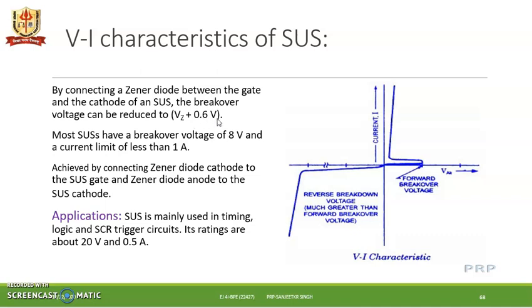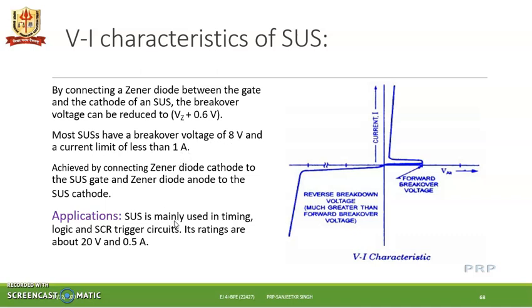It is connected with the Zener diode cathode to the SUS gate and the Zener diode anode to the SUS cathode. So in this way we can reduce the breakover voltage, but most SUS devices have a breakover voltage of 8 volt and a current limit of 1 ampere.